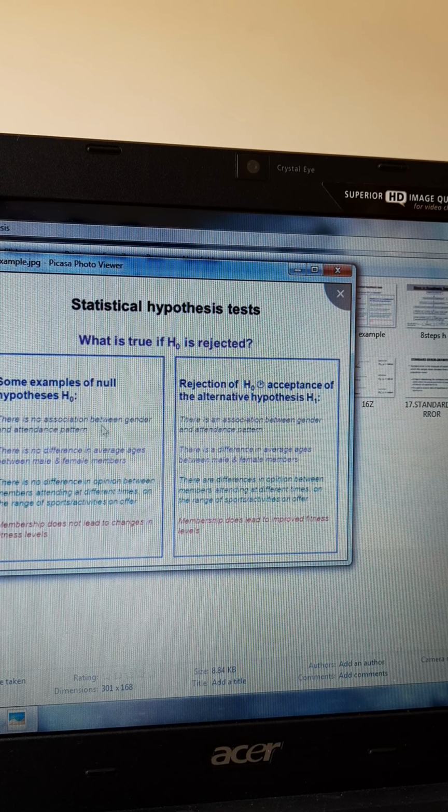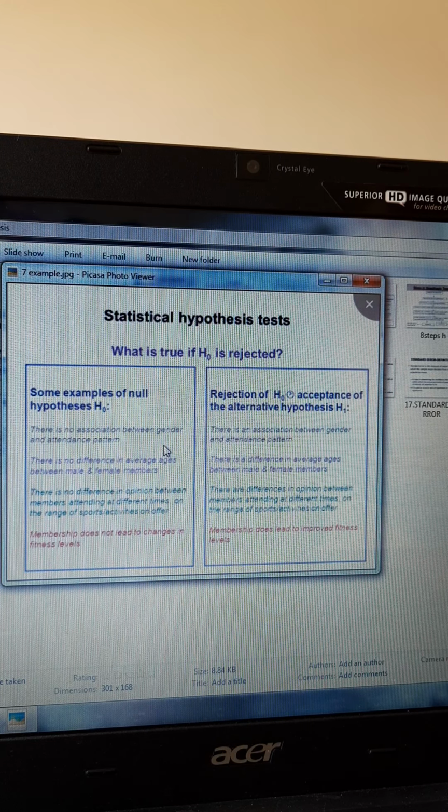Next aspect. So what is this? Statistical hypothesis. What are some examples of null hypothesis? Okay, there is no association between gender and attendance pattern. Okay, there is no difference between the average age of male and female.